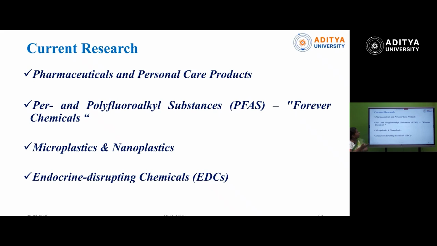Another one, PFAS, which we call forever chemicals, that is per- and polyfluoroalkyl substances. Another one, microplastics and nanoplastics, and then EDC, that is endocrine disrupting chemicals. So these are the current researches going on now.